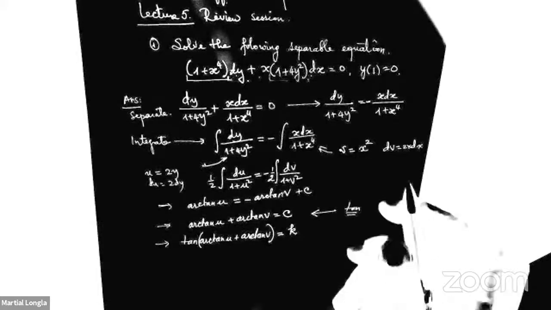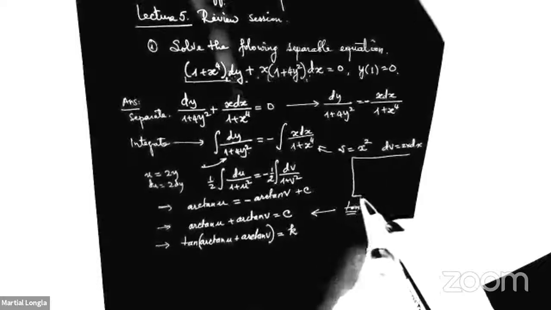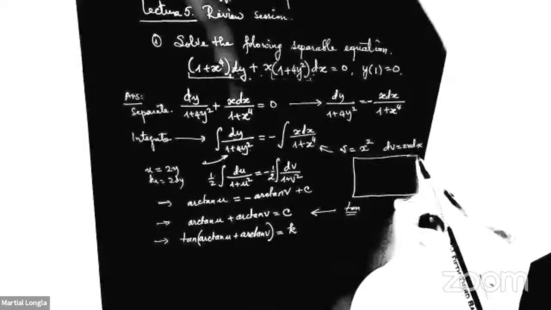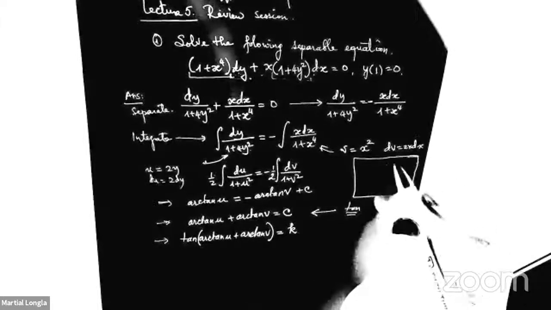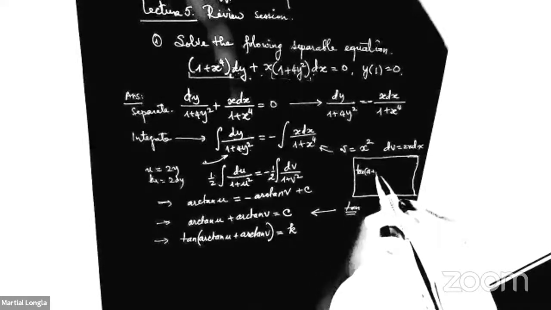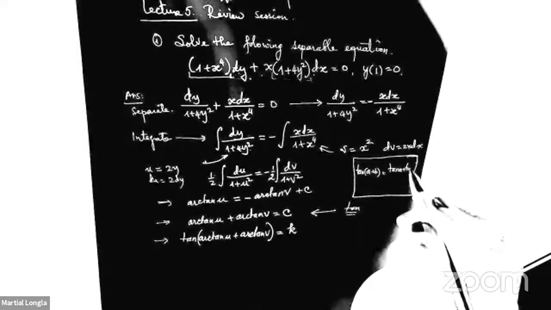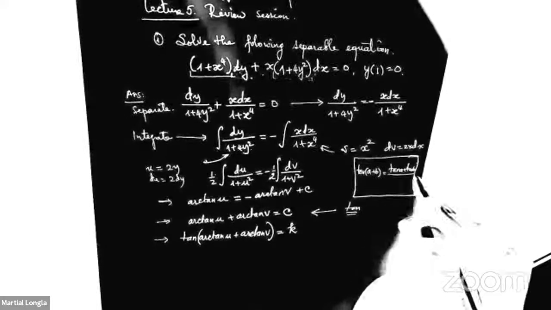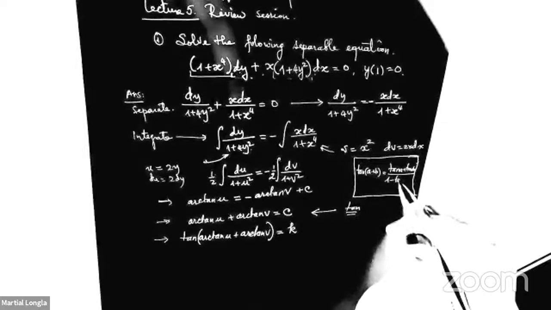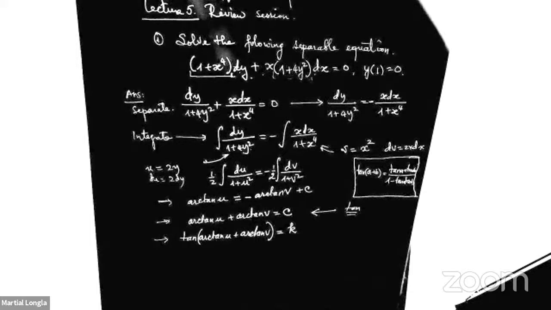Now, you have this formula from trigonometry. So tangent of a plus b is tangent of a plus tangent of b over 1 minus tangent of a tangent of b. So that's what you can apply to this.